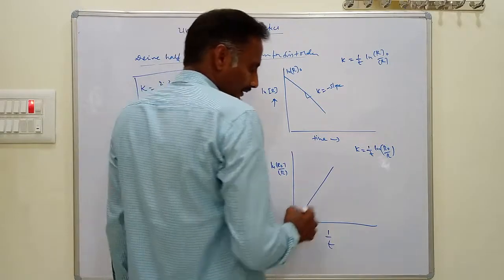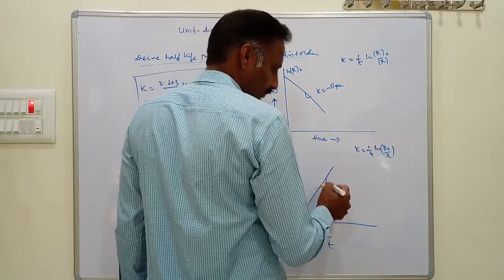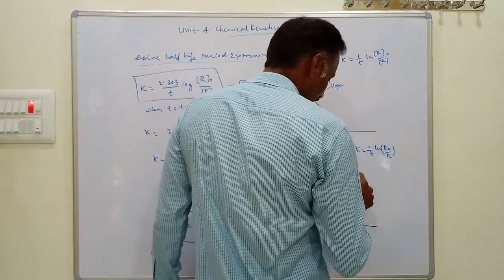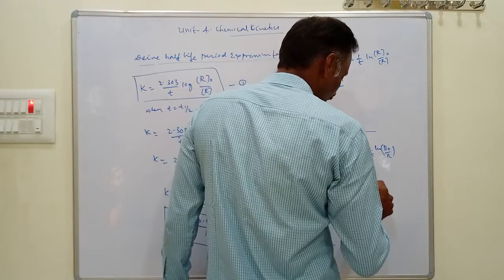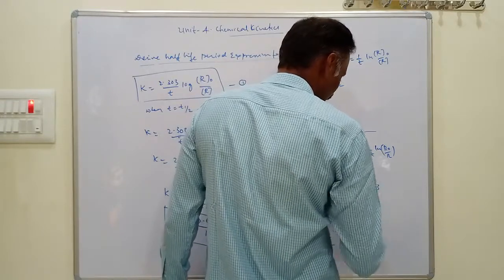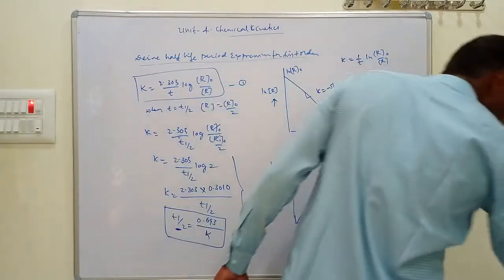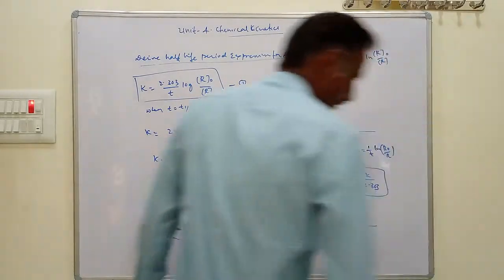Here you will get a slope, and the slope equals k by 2.303. This is important.